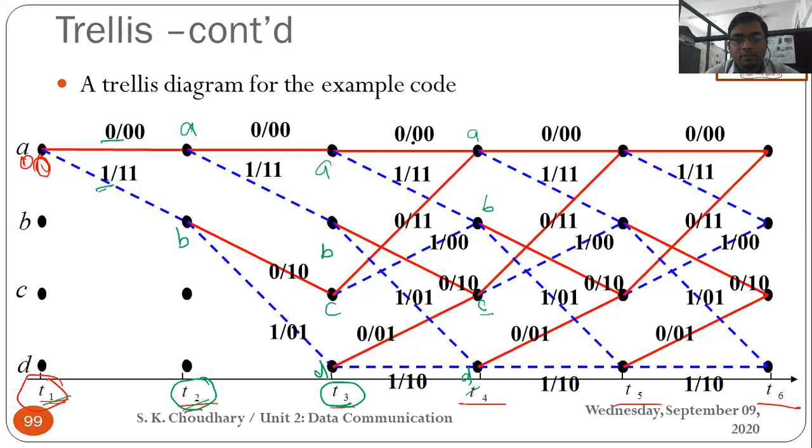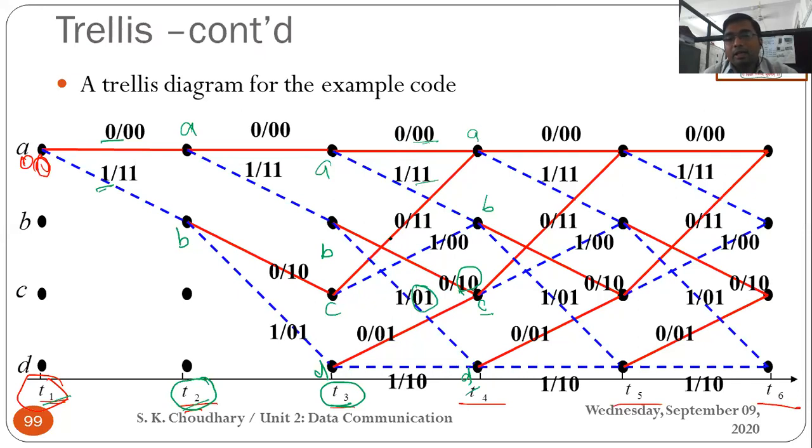If you understand the pattern: when you are at A and receive input 0, the output is always 00. When you are at A and receive input 1, the output is 11. At B with input 0, the output is 10. At B with input 1, the output is 01.